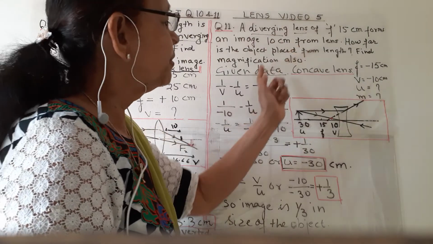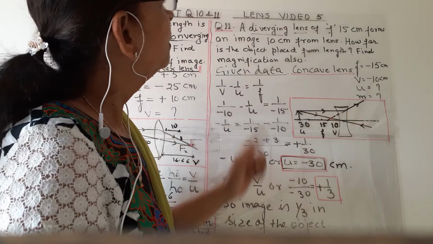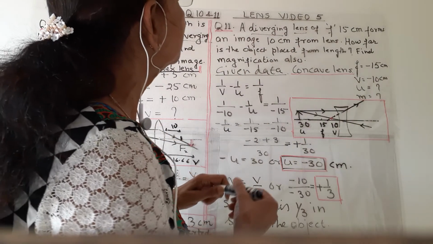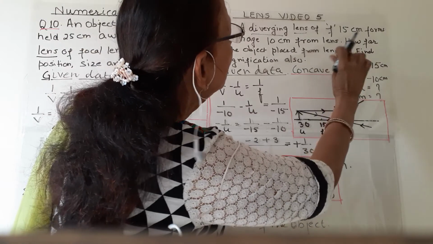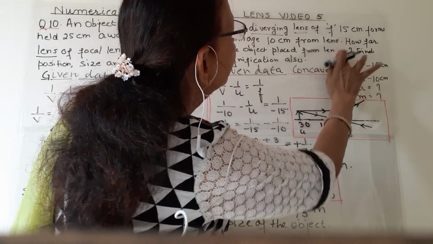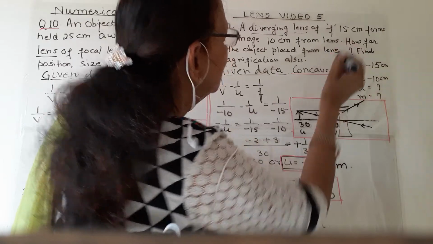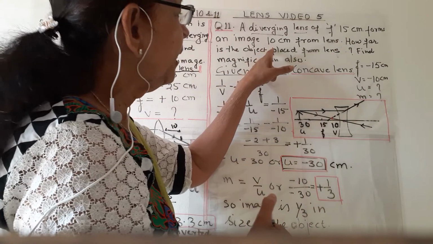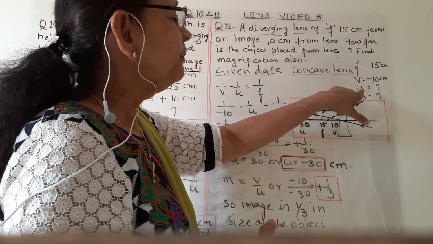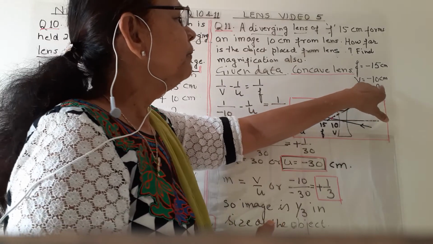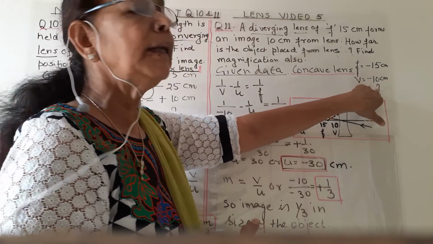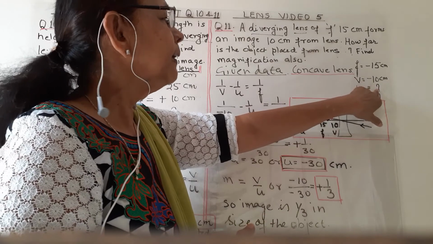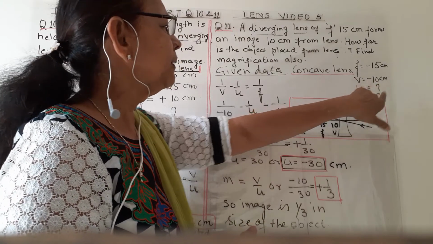How far is the object placed from the lens? So we have to calculate U. When we have to calculate U, we will not put any sign, since it is not calculated yet. We will not put plus or minus.